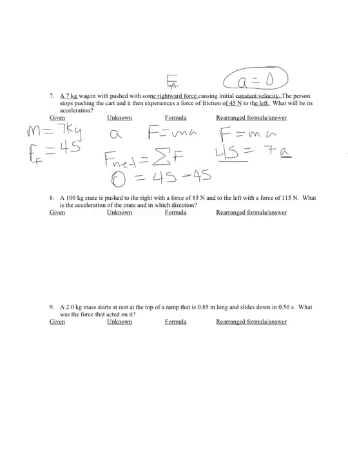The easiest way for me to do that is to divide both sides by 7, so I can get my acceleration by itself on the left side of the equation. I'm going to divide 45 by 7. I should get something like 7.5-ish. 45 divided by 7. Oh, I'm sorry, 6.5, but 6.42. 6.4, and I'm going to round to 6 meters per second squared.